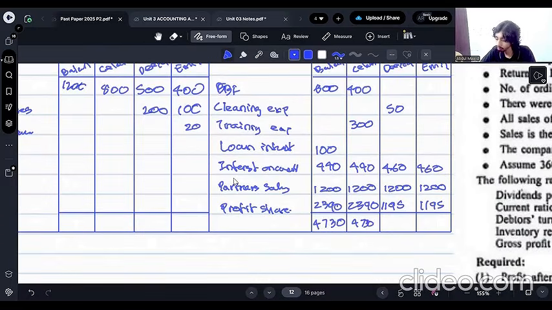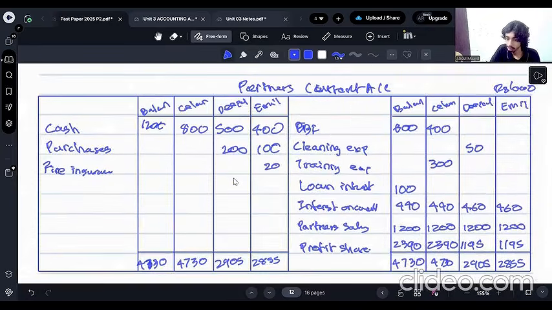Then 50 plus 460 plus 1,200 plus 1,195, that is 2,905. And Emil 460 plus 1,200 plus 1,195, 2,855. Then you take it to the debit side. 4,730, 4,730, 2,905, 2,855. Then you can get your BCD, balance carried down.